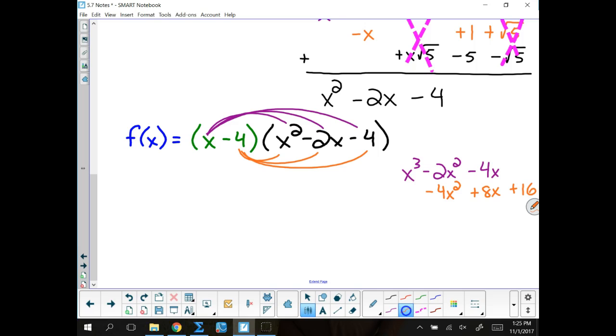Put them all together. F of x is x cubed minus 6x squared plus 4x plus 16.